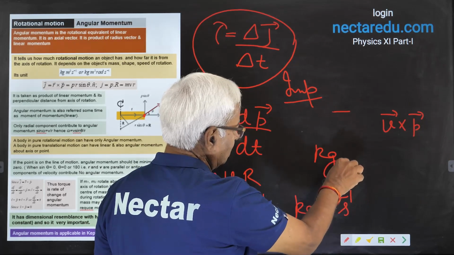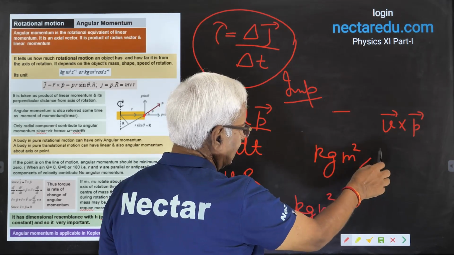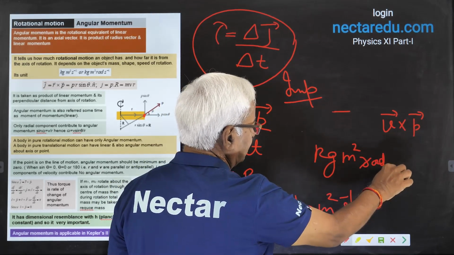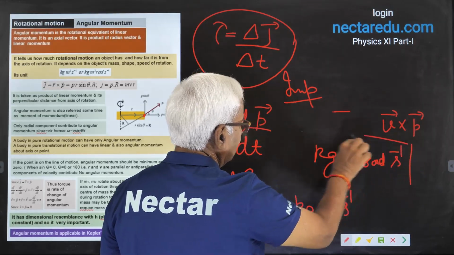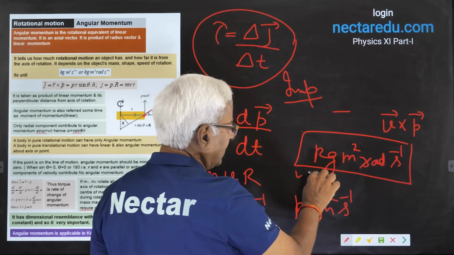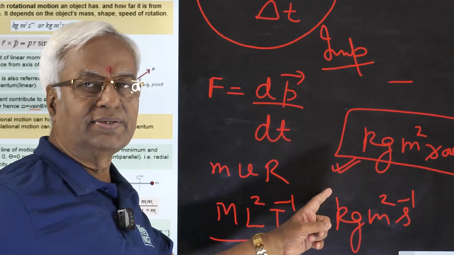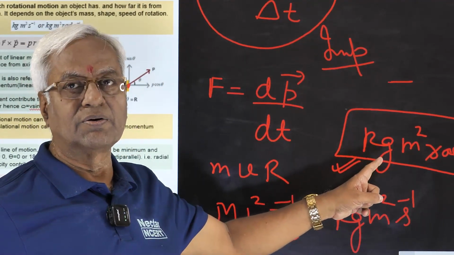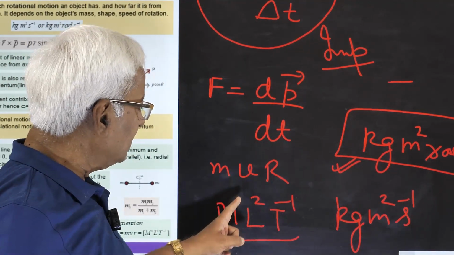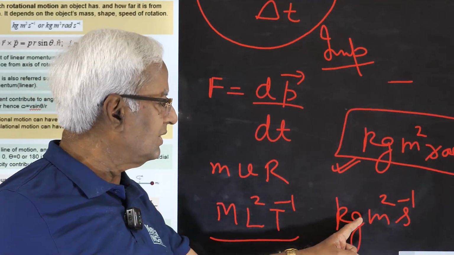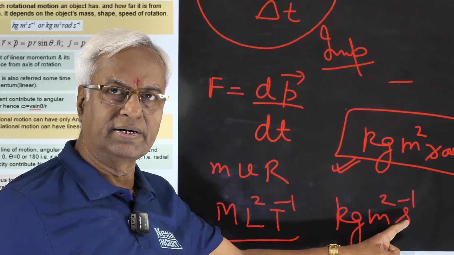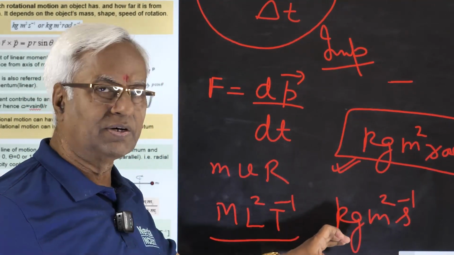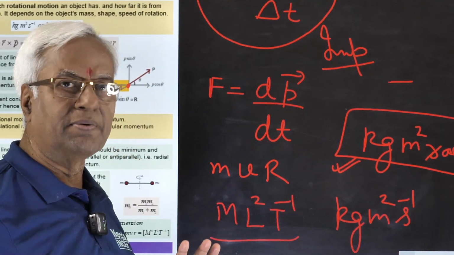The actual unit for this is also written with radian per second. This is the complete unit if we consider the other relation for angular momentum. If we consider this relation, the unit we find is kilogram meter square per second. From a dimensional point of view, both the units are the same.